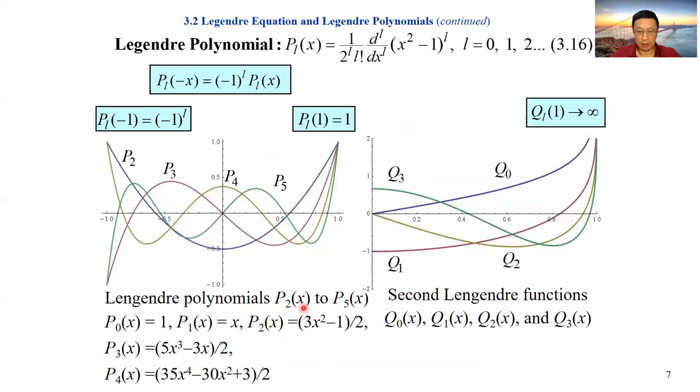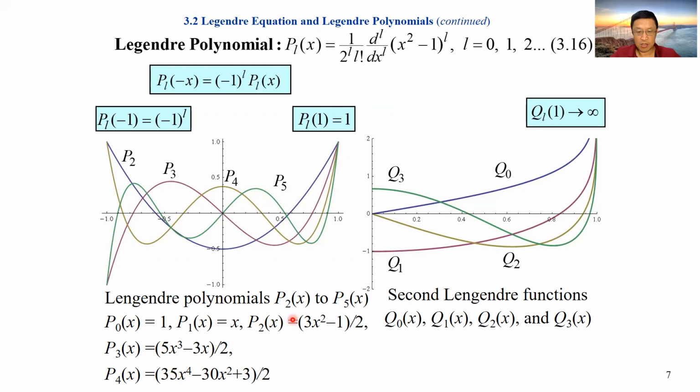So the Legendre polynomials P2 to P5. P0 is a constant, and P1 goes from minus 1 to plus 1. P2 looks something like cosine. P3 looks something like sine. And P4, P5, once again up, down, up, and down, up.